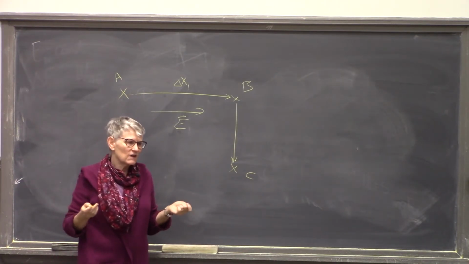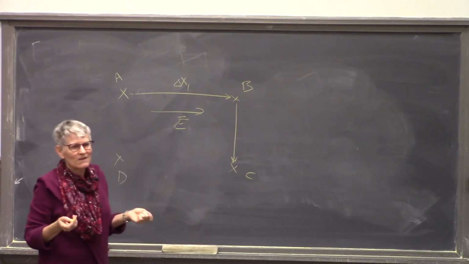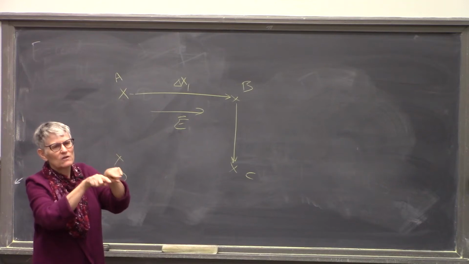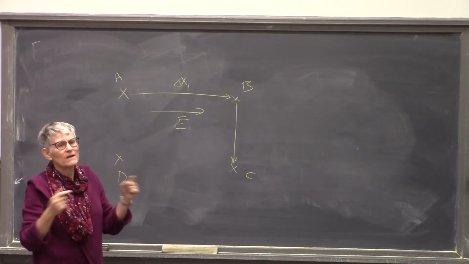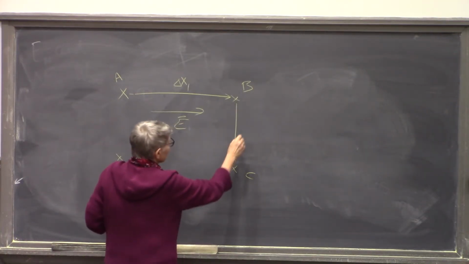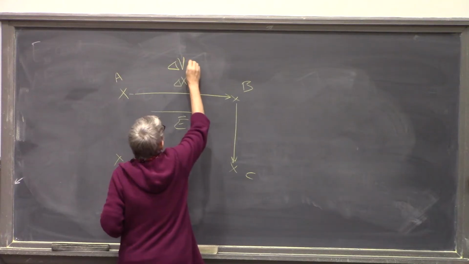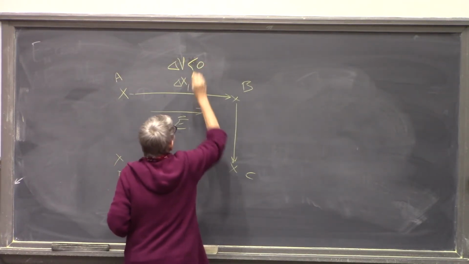So it's negative, okay? So this is something you actually want to internalize, that if the path goes in the direction of the field, the potential is dropping. Delta V is going to be negative. You're going downhill. So delta V was less than 0 here.